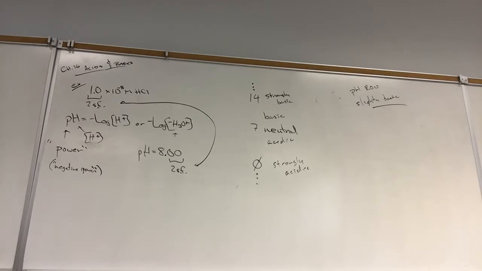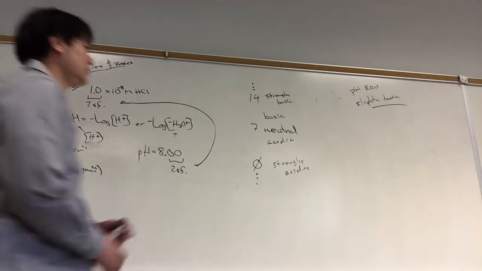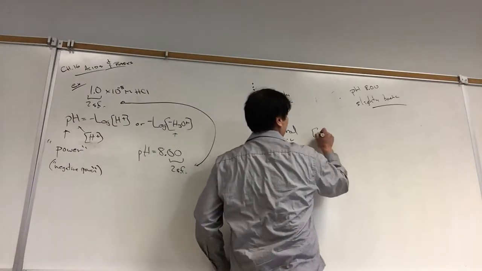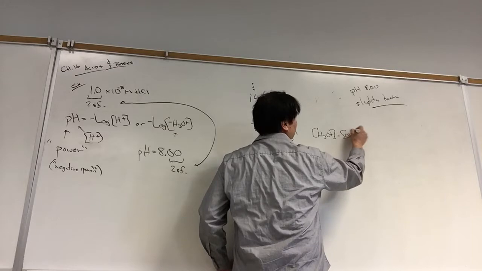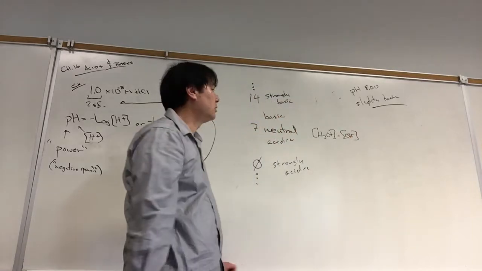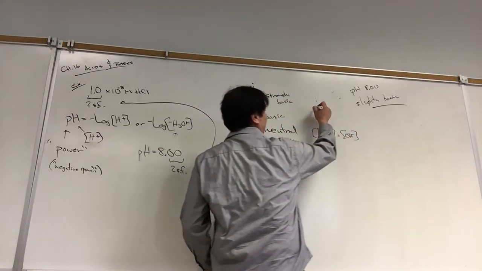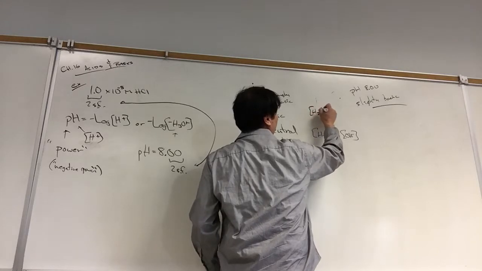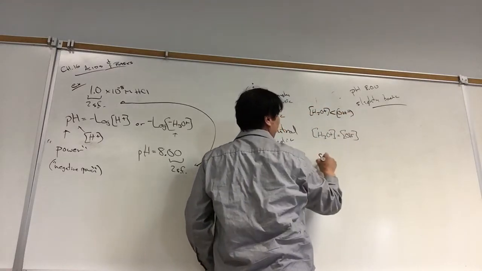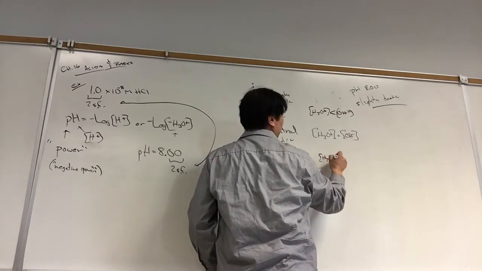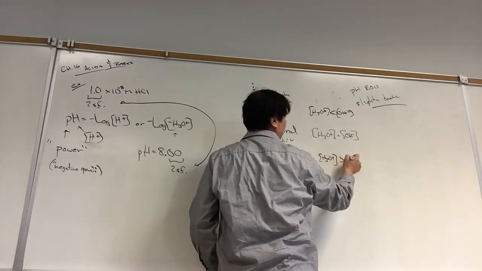Water makes hydroxide ions, but it also makes hydronium ions. And so a pH of 7 means that the hydronium ion concentration is equal to the hydroxide ion concentration. Basic means that we have more hydroxide than hydronium, and acidic means we have more hydronium than hydroxide.